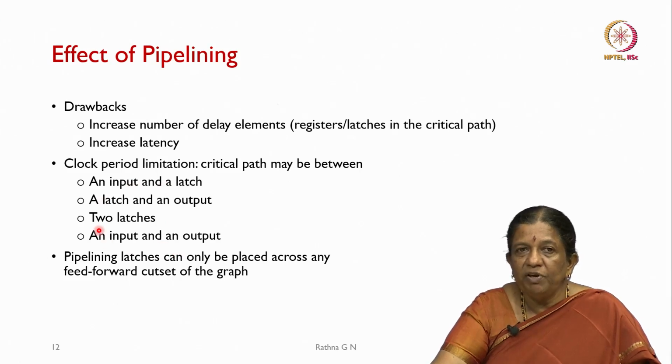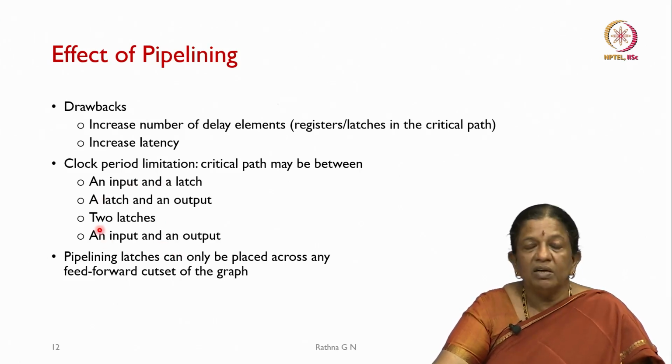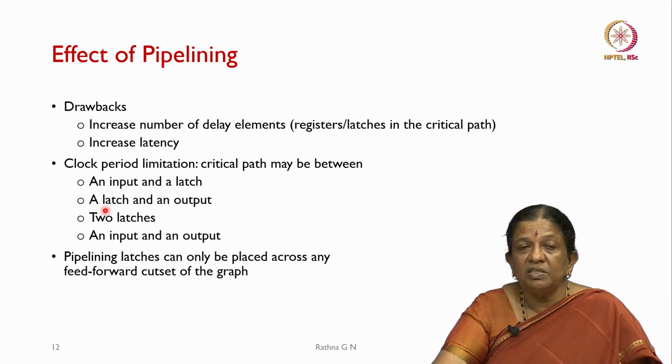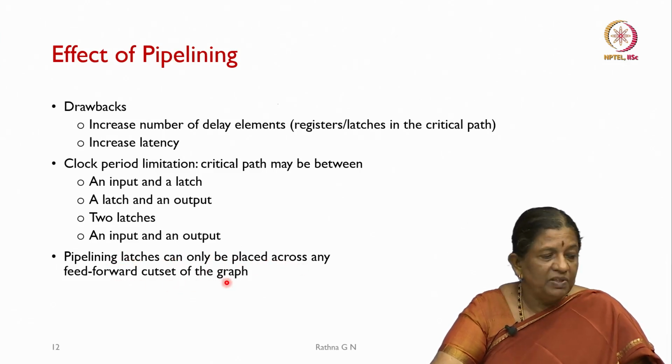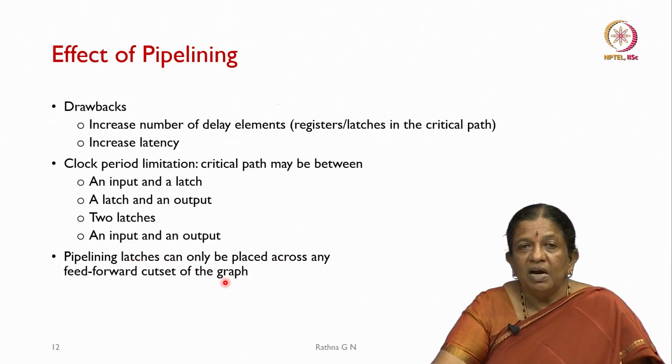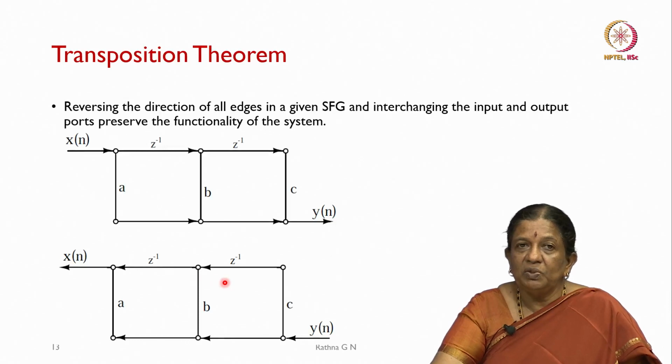This is how we measure how many multipliers or accumulators, or how much hardware, is in between these two points; that will be the maximum critical path I have to consider. So, we say pipelining latches can only be placed across any feed forward cut set of the graph. This we will be specifying every time, and then we have to go through the thing.